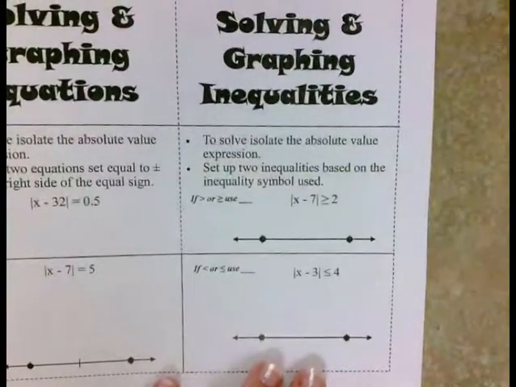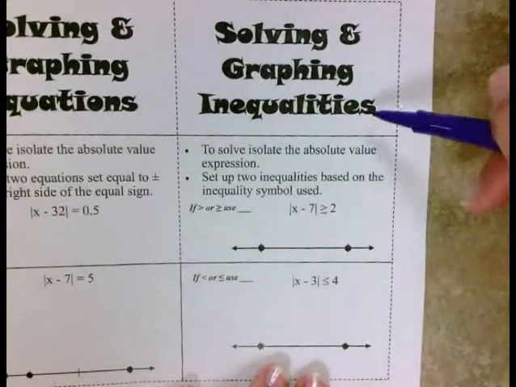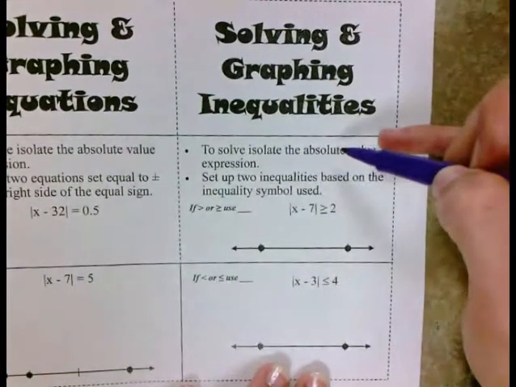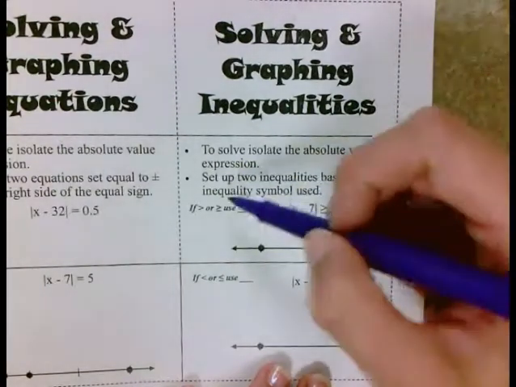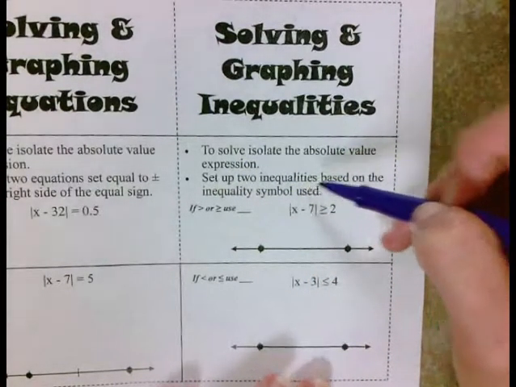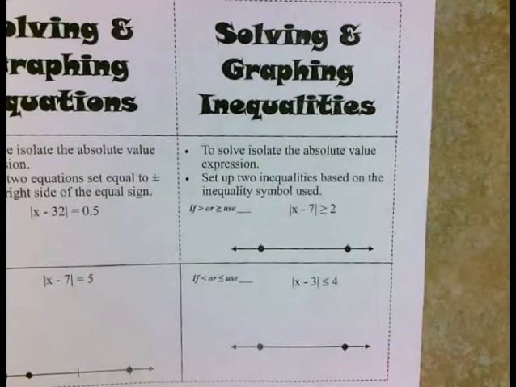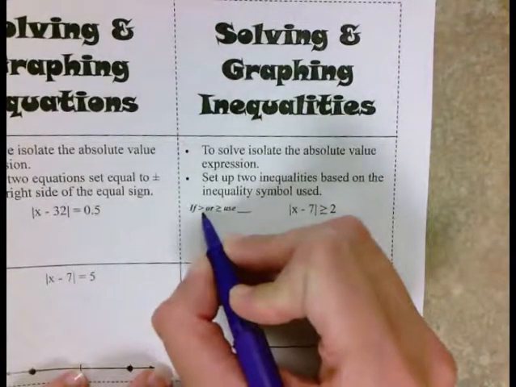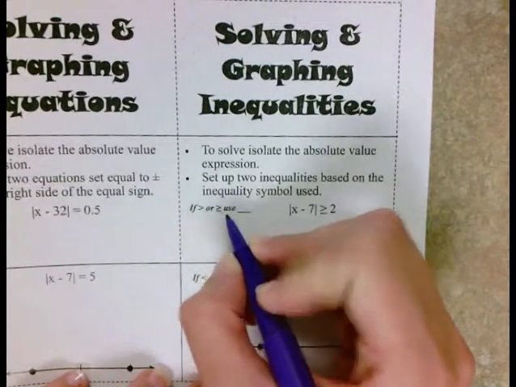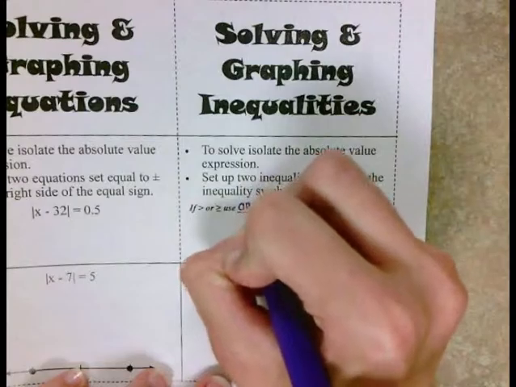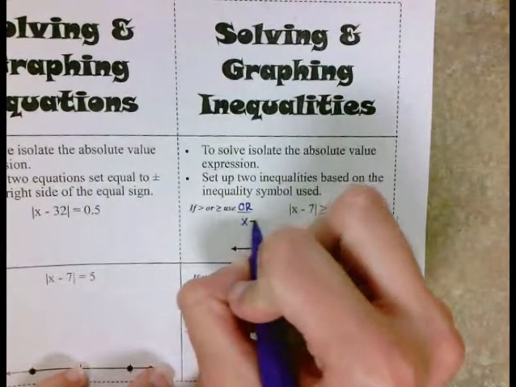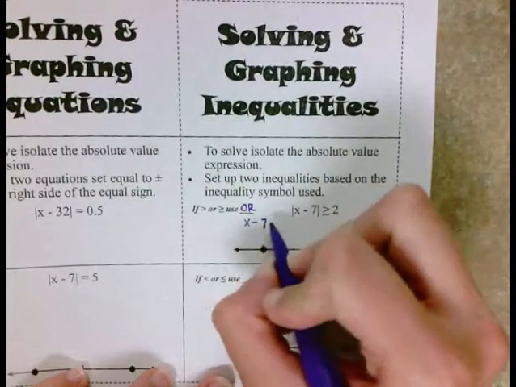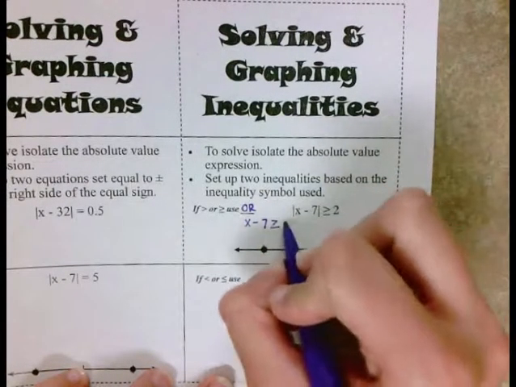Okay, so now we're going to talk about solving and graphing inequalities. To solve, isolate the absolute value expression and set up two inequalities based on the inequality symbol used. So this is going to be a little bit different. If greater than or equal to, use or. Okay, now you're going to set it up the same way. X minus 7 is greater than 2.